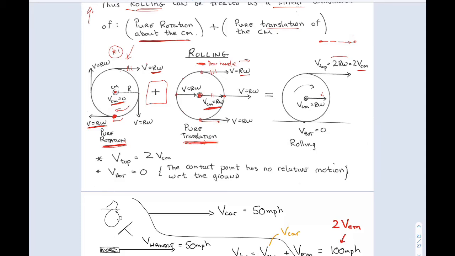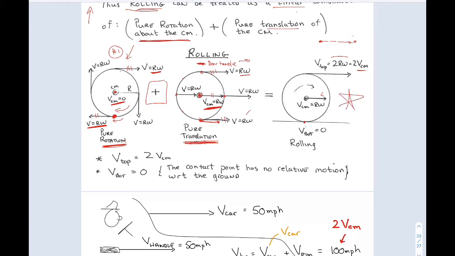So the bottom of the wheel, where it touches the road, is headed to the left with velocity r omega due to rotation, and it has a velocity to the right of r omega due to translating. So those two arrows cancel out, and they give you 0. So that says the velocity at the bottom of the wheel is 0. So the bottom of the wheel has no relative motion with respect to the ground.